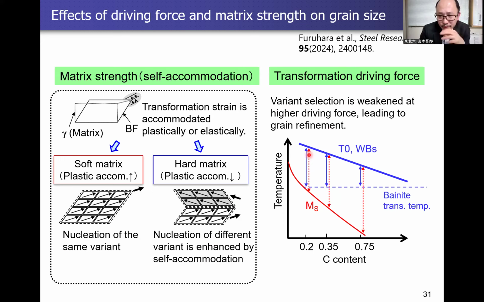The driving force for martensite is simply the undercooling from T0 until Ms temperature, and driving force increases with increasing carbon content. But in the case of bainite, at the same transformation temperature, driving force will decrease at higher carbon content because austenite is stabilized by carbon.